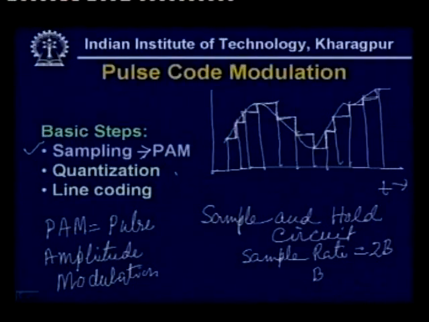Now, this PAM has got different values. So, you have to now do the quantization. Quantization is done with the help of a hardware known as analog to digital converter, AD converter. The AD converter will have a limited number of bits, say 8 bit or 6 bit.